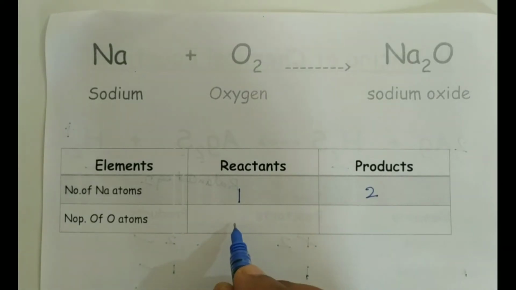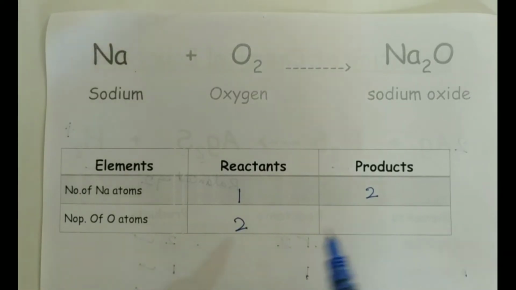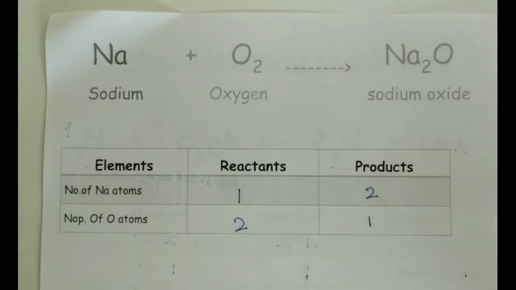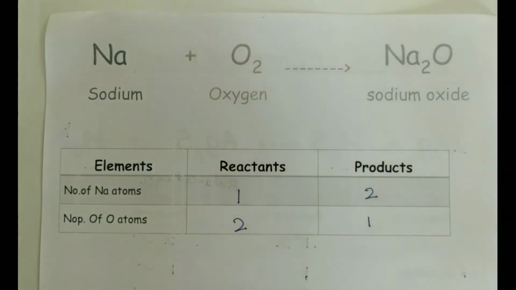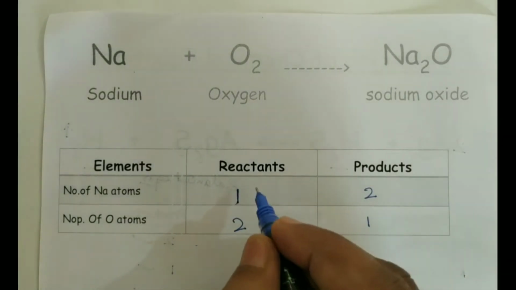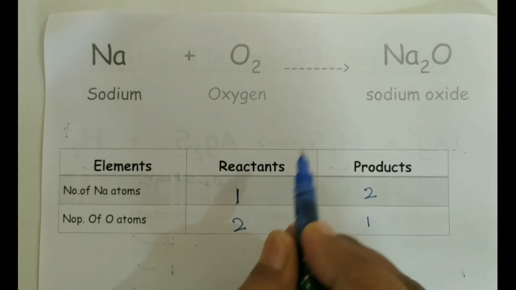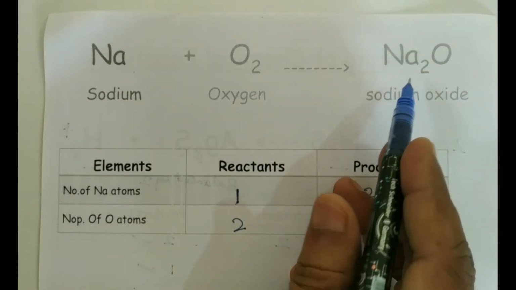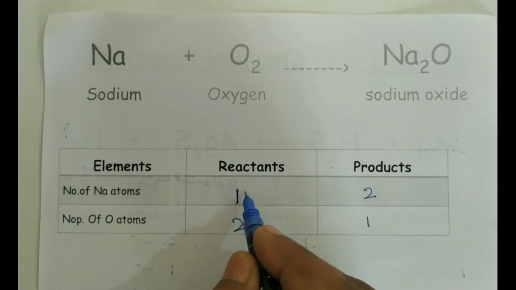Number of oxygen, here it is 2, here it is 1. So there is an imbalance. So to balance the chemical equation, what we have to do first is balance the sodium, right? How many sodium are there here? Sodium 2 are there, here 1 is there.